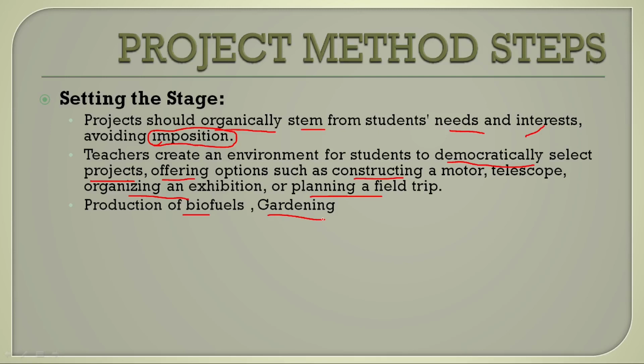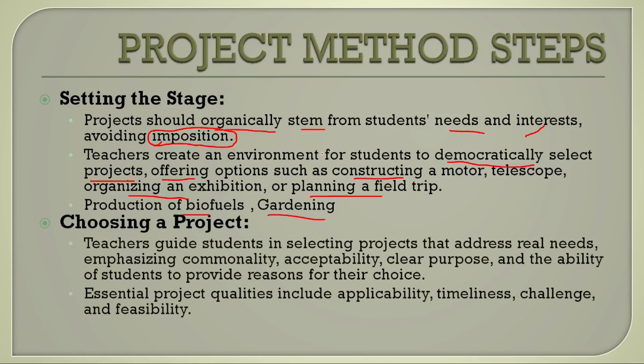The second step is choosing, or selecting, the project. Setting the stage is the first step, and choosing the project is the second step. In step one, the teacher presents different kinds of projects in front of students and gives them a provision to select democratically.